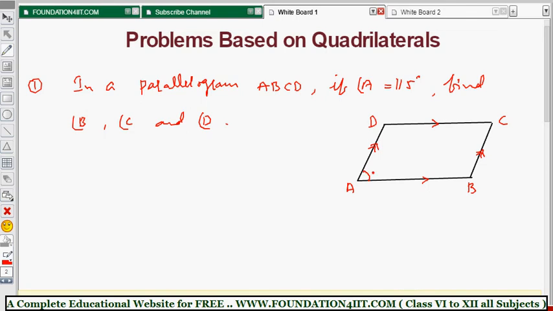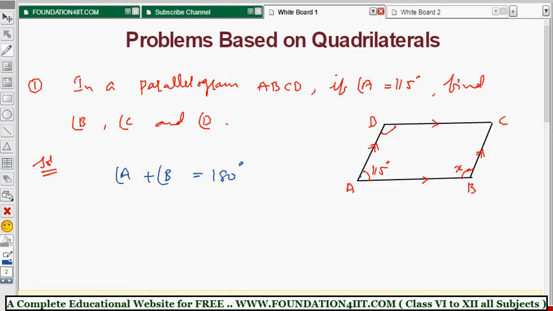That means angle A plus angle D is 180 degrees. Angle A is 115 degrees, given. Now angle B. Angle A and D are adjacent, and AB is also adjacent. So if we take angle B as X, we can find out. According to this property, angle A plus angle B is equal to 180 degrees because they are co-interior angles.